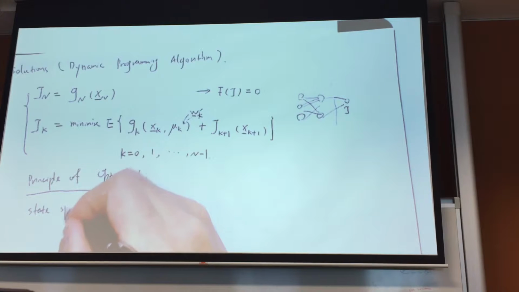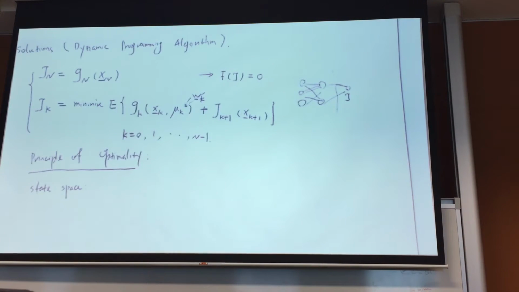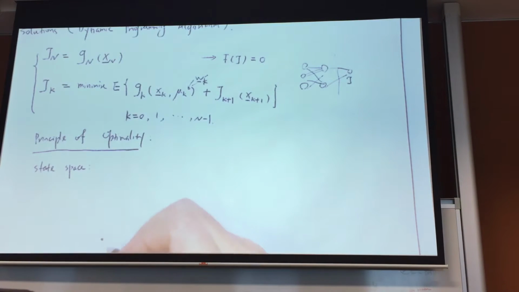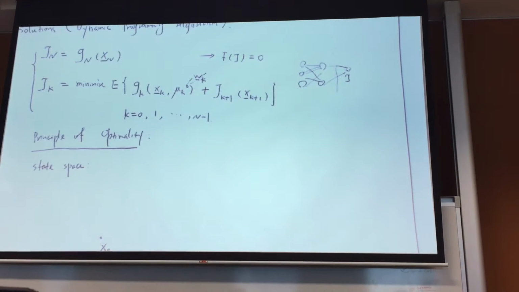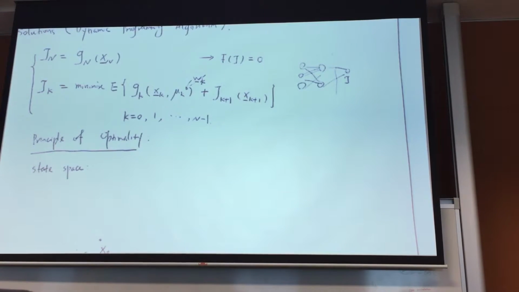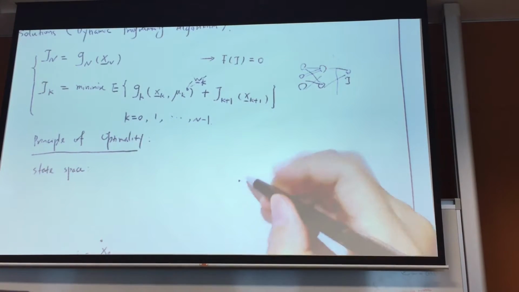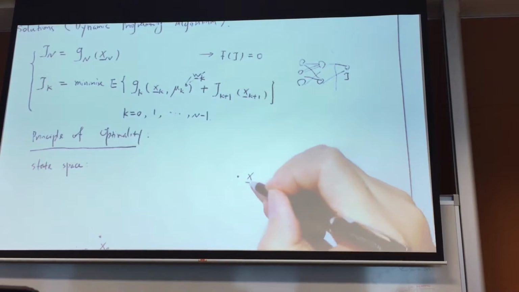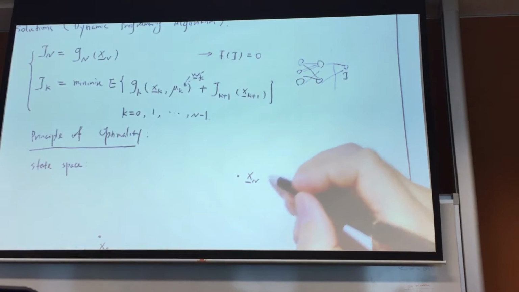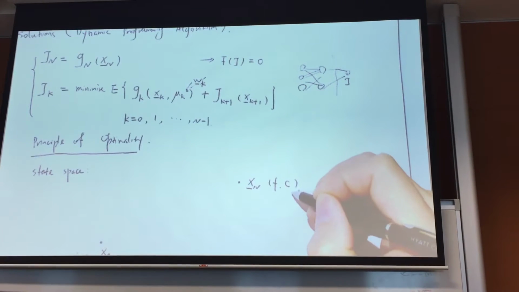You remember we plot the state space. For the state space, we have an initial state x0. These are given by the initial condition, the initial state, and assume we have a final state xn. These are given by our final condition.